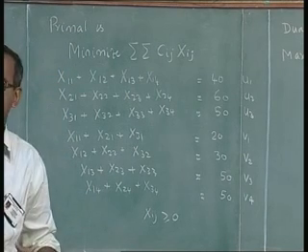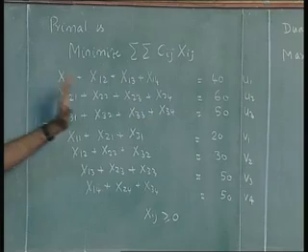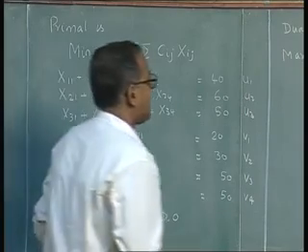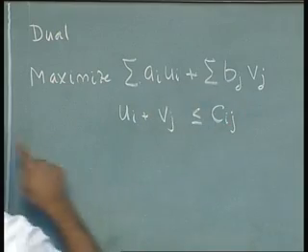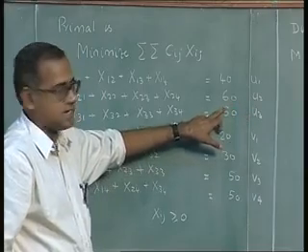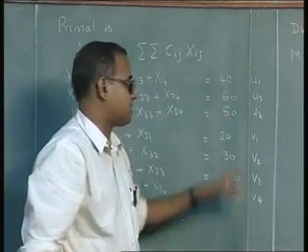We will have 12 constraints corresponding to the 12 primal decision variables, and we will have as many dual variables as the number of primal constraints. We have 3 dual variables for the 3 supply constraints and 4 dual variables for these 4.